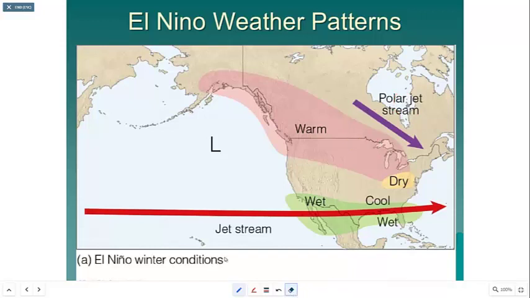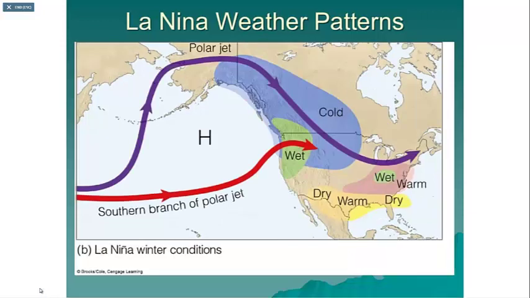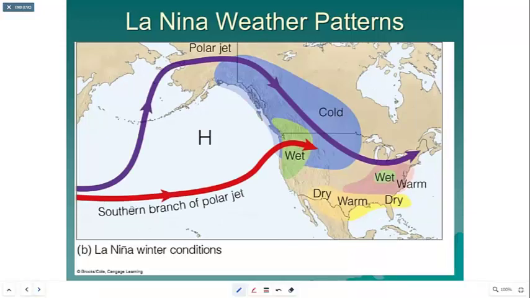That is El Nino. Now if we go to La Nina, now we have the subtropical jet stream and the polar jet stream. So to me it looks like the Pacific high is stronger than it should be during the winter season because it's pushed a little bit further north.